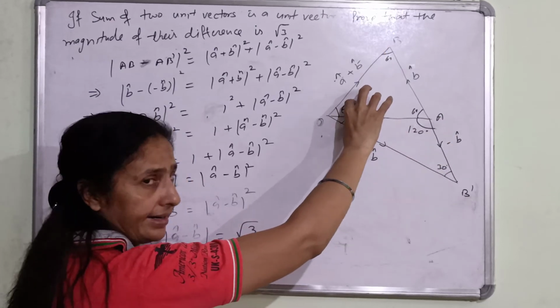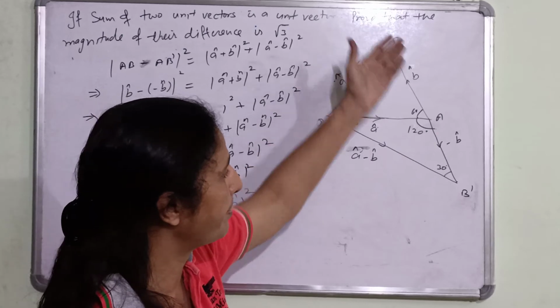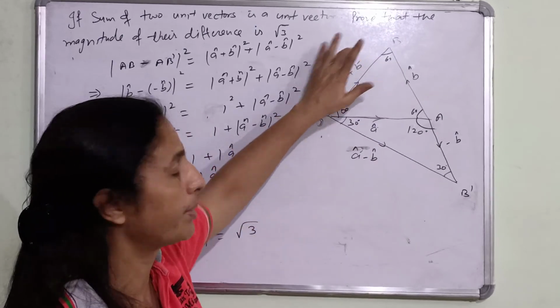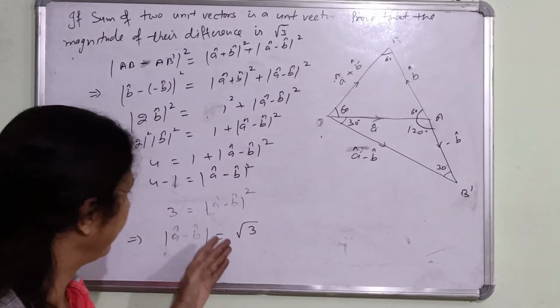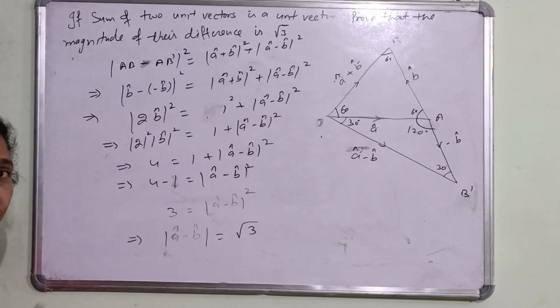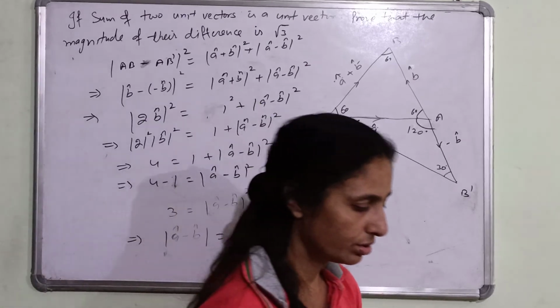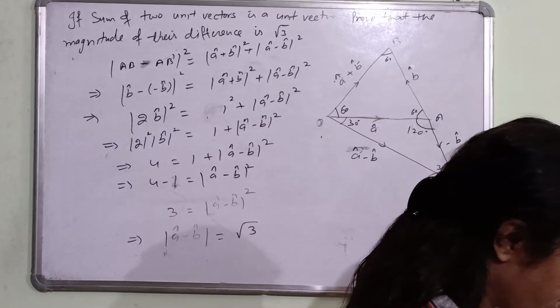Using the identity of a right angle triangle, hypotenuse square is equal to base square plus perpendicular square, we find the magnitude of the difference. Magnitude means modulus, right? So that is equal to under root of 3. This is an important question also.